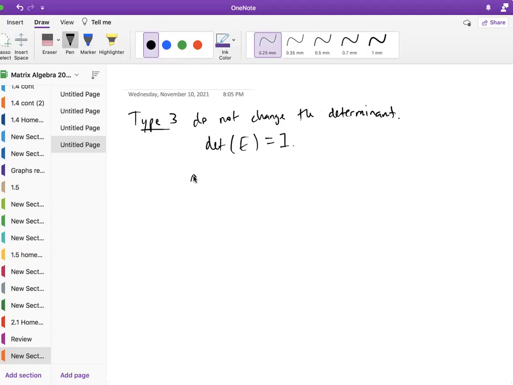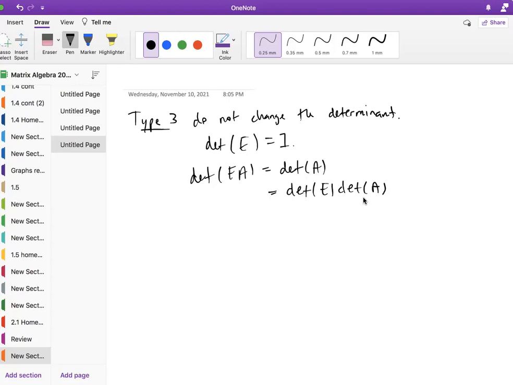So if you do the determinant of EA, it's the determinant of A, but the determinant of E is just 1, so we can just tap that in there. Nothing much to say about that one.